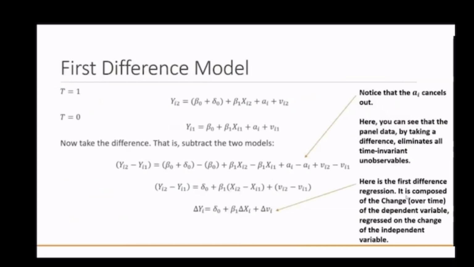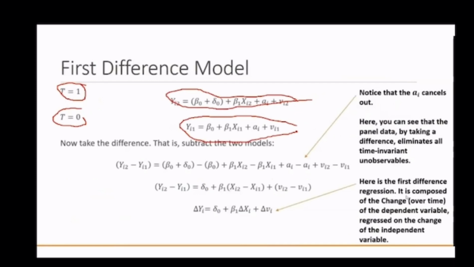The other time I said, in the data set we have 2 years, right? For t equal to 1 and for t equal to 0, you plug that in, you have the first model and the second model, then you find the difference. When you find the difference, what do you see? In the final model, there's no alpha_i anymore. The alpha_i is now eliminated.